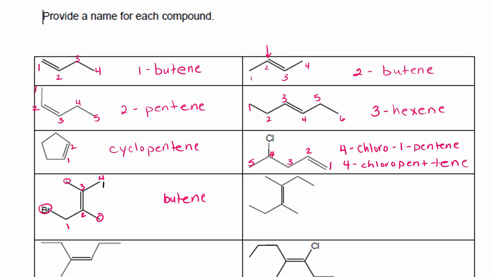If I was to number it this way, then my functional group would start at carbon 2, and my bromine would be at carbon 4. Now my initial way is starting at the carbon that contains the bromine. My double bond is still at carbon 2, but the bromine is then given a 1. And because that decreases the number of my substituents, I'm going to leave that as 1-bromo.